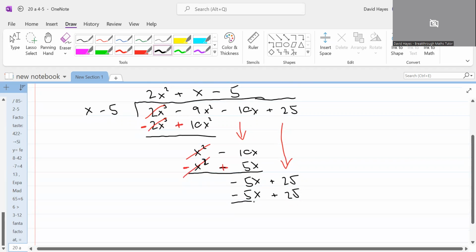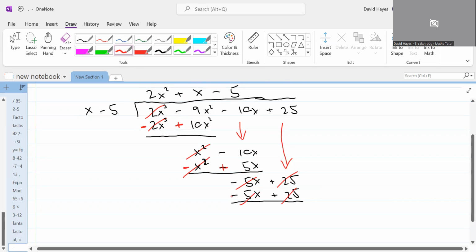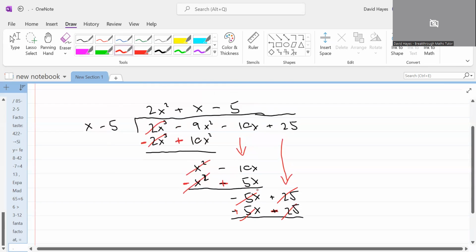That's a good sign. These two lines are the same. That tells me that there is no remainder in my division. It has divided in evenly, so I can just cancel off everything. If I change the signs on them, everything cancels and nothing's left over.